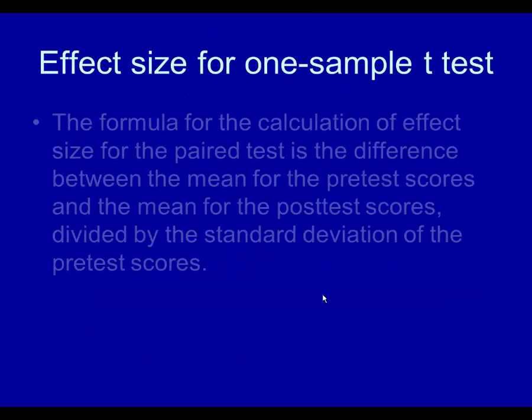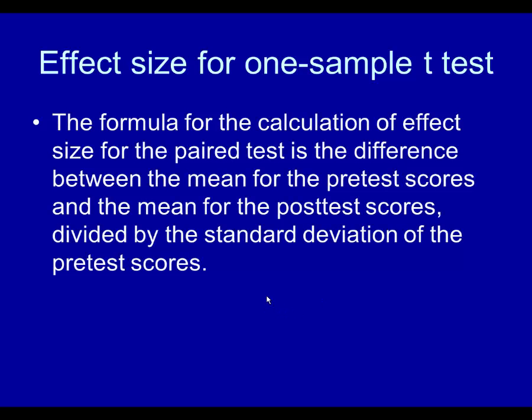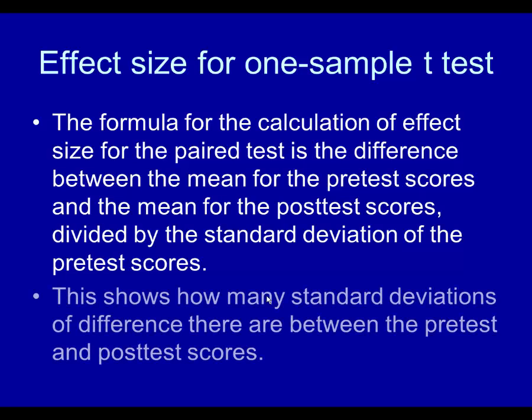The formula for calculating the effect size for the paired t-test is the difference between the mean for the pre-test scores and the mean of the post-test scores divided by the standard deviation of the pre-test scores. That's how it's calculated. You don't have to do that because the computer does it for you. This shows how many standard deviations of difference there are between the pre-test and post-test scores.